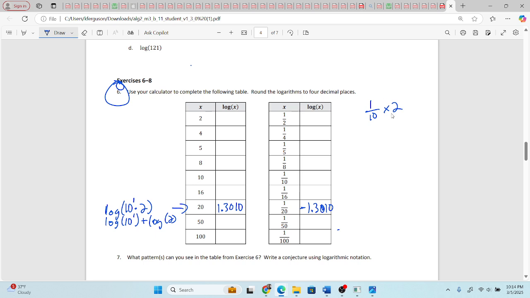Yeah, that'll be 20. 10 goes into 2, 0.2 times, and 0.2 is 1 over 10 times 2, or 1 over 20. So yep, this right here is -1, and this right here is 0.3010. So when I combine those, I'm adding the logs separately, and that's what I get. So if you figure out these values, you should be able to figure out those values.